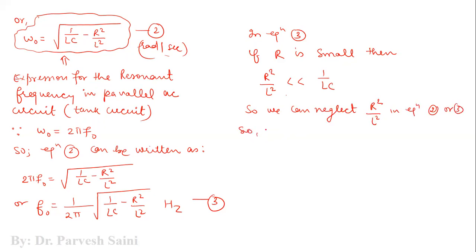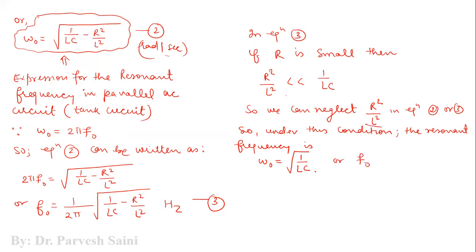Under this condition, the resonant frequency is omega naught is equal to 1 upon under root LC, because this part will be 0, neglected. Or f naught, so omega naught is in radians per second, and f naught is equal to 1 upon 2 pi under root LC hertz.